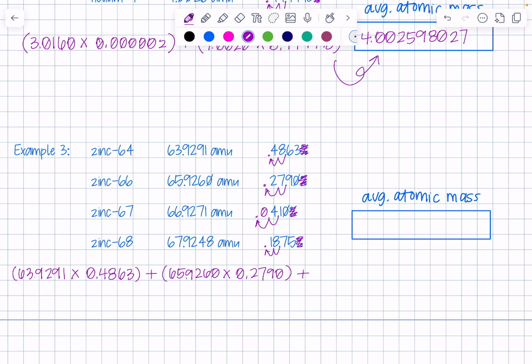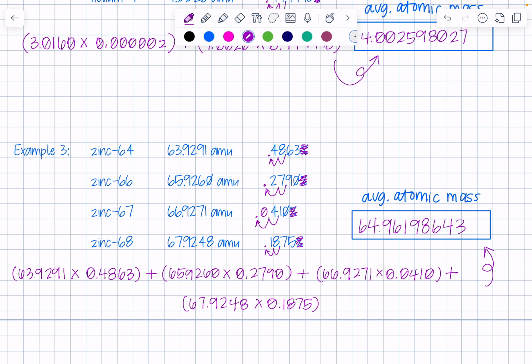There's 2. There's 3. And then our last one. If you put it in parentheses like this and do a set of parentheses for each isotope, can't go wrong. So for this sample of zinc, we had an average atomic mass of 64.96198,643.